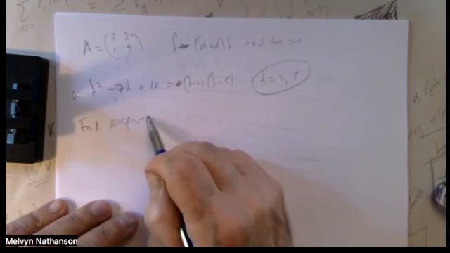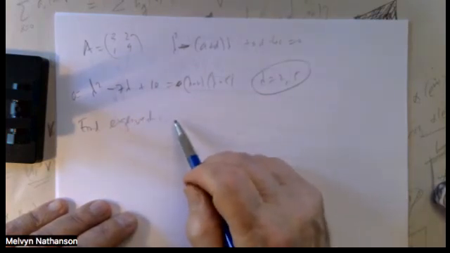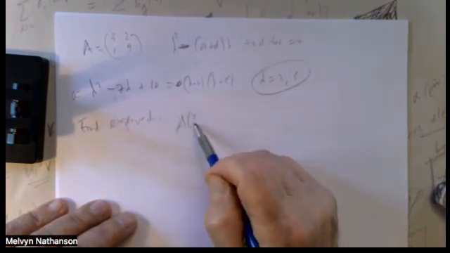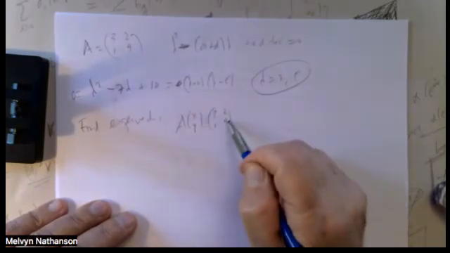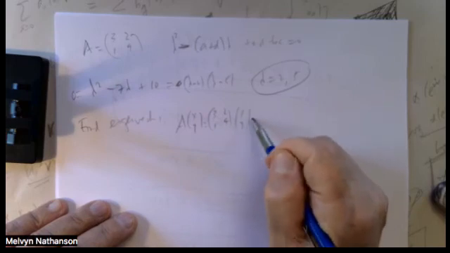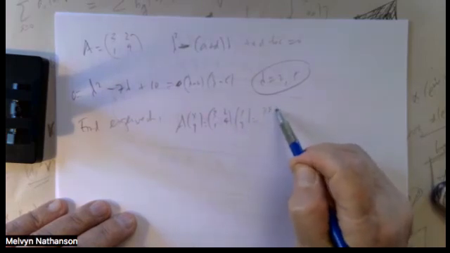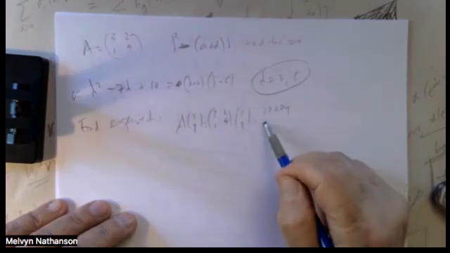So let's find the eigenvectors. If I take A, apply to the vector xy, 3, 1, 2, 4, apply to xy, that's 3x plus 2y, x plus 4y.